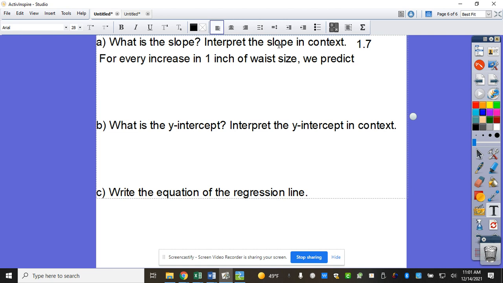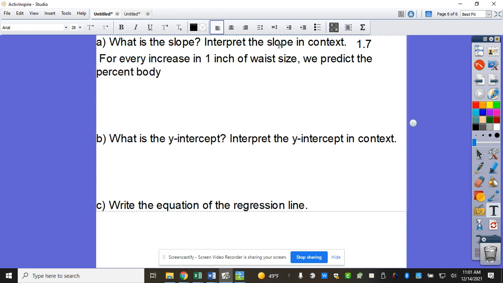Another place that people are forgetting to write things. What variable are we predicting? If you just said body fat, that's fine if you wrote percent later. What are we predicting the percent body fat to do? What word has to be here? That's another word that's missing a lot.